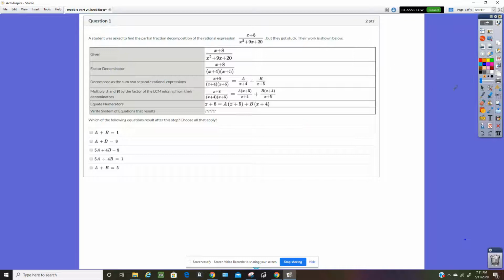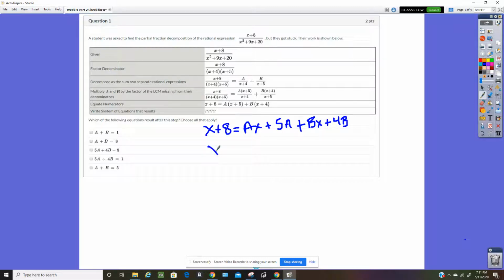Well, in order to solve that, you're going to have two equations. So you're going to have x + 8 equals Ax + 5A, so it's the distributive property here on the right-hand side, plus Bx + 4B. And then I group the x terms together and the constant terms together.